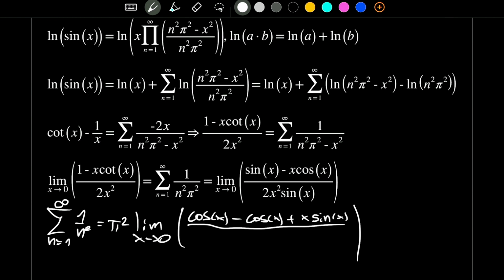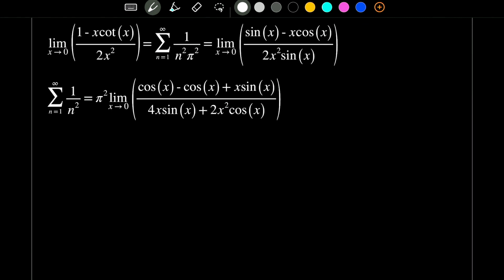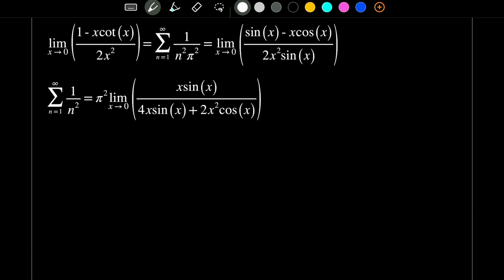Now in the denominator we're going to get 4 times x times sine of x, which is the first term, plus 2x squared times cosine of x. And now of course at this point we can scratch these cosines of x's. We can also divide by x, and now again we have a 0 over 0 situation.